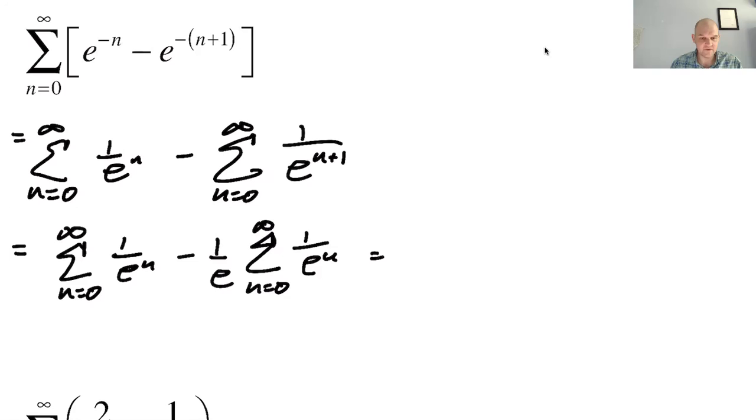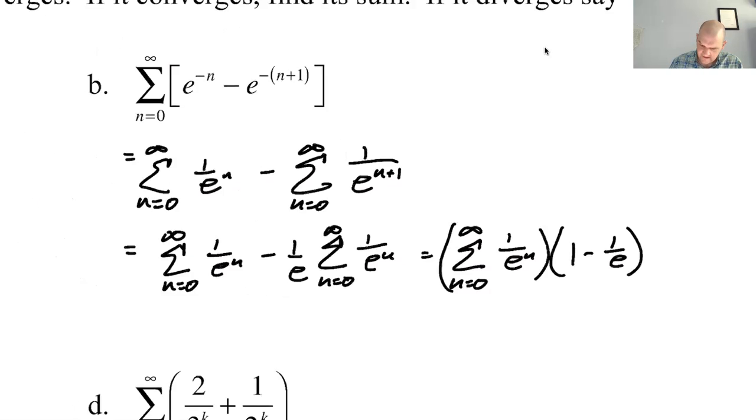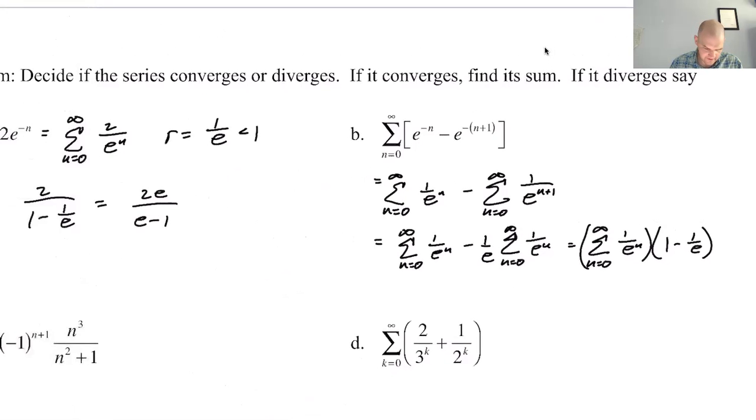It's going to leave me with 1 minus 1 over e. Maybe I'll show that step. So I'm taking this out of both things, and that leaves me with 1 from the first thing, and then minus 1 over e.